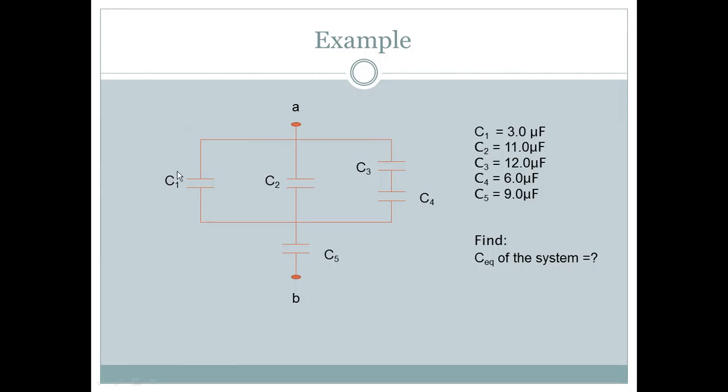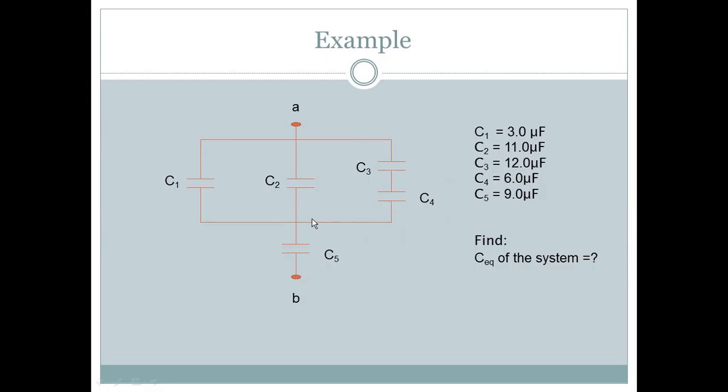And finally, once you have combined this upper portion of the circuit and represented it using a single capacitor, try to notice the resulting circuit compared with the rest of the combination.